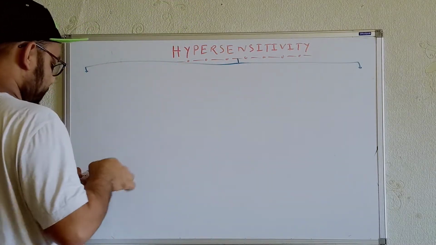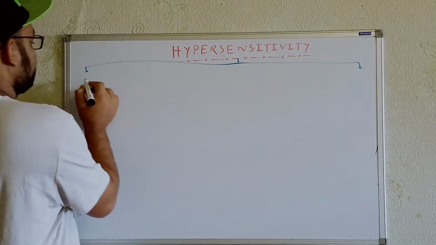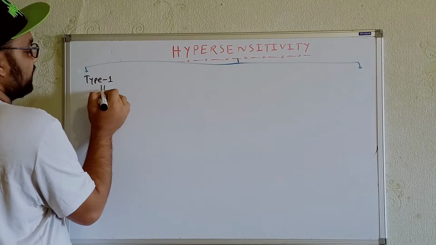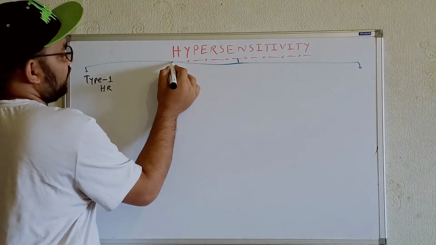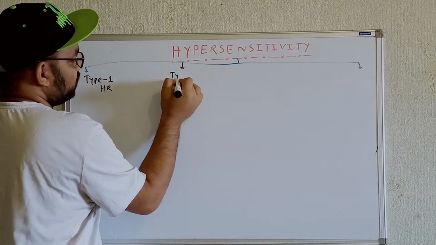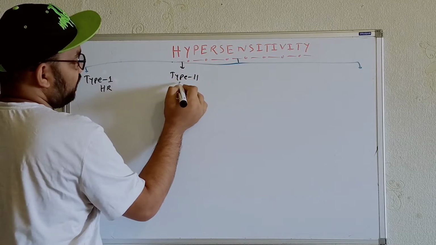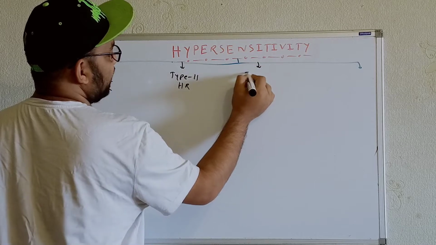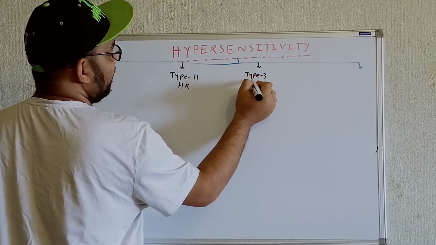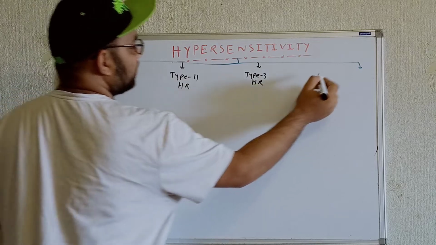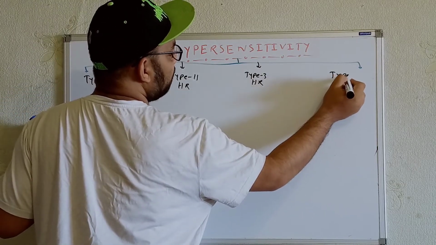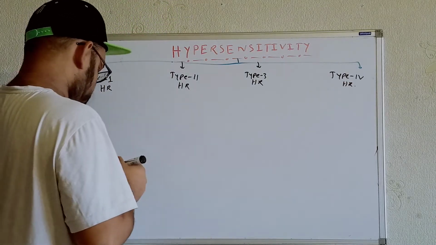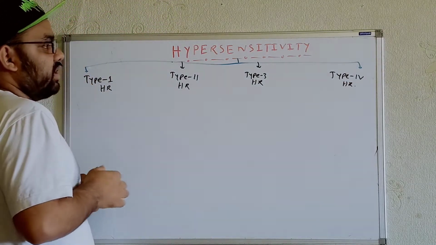We can classify type 1 hypersensitivity reactions, type 2 hypersensitivity reactions, type 3 hypersensitivity reactions, and also type 4 hypersensitivity reactions over here.